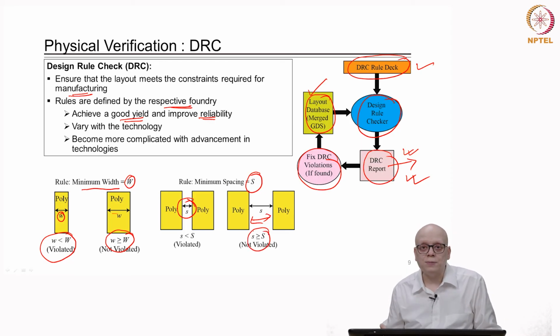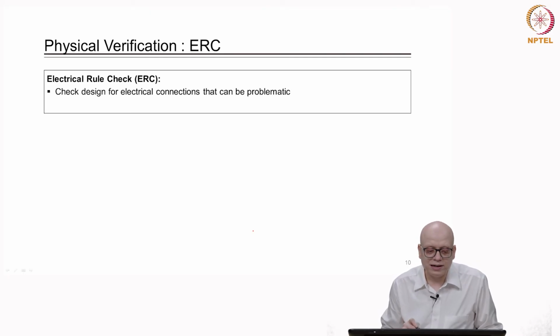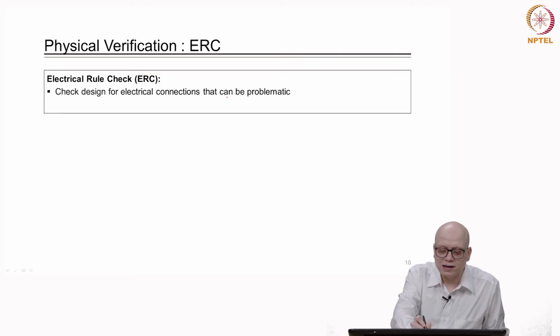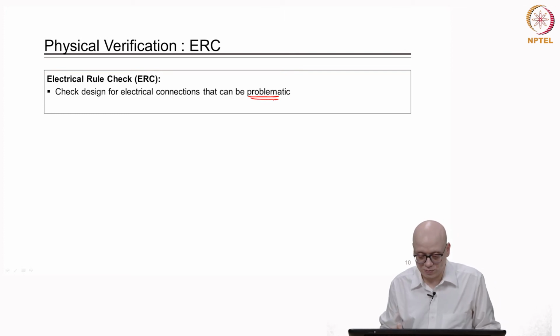Then once we have created the layout, we also need to check for ERC or electrical rule check. What does electrical rule check do? It basically checks the design for electrical connections that can be problematic. The connections which can be problematic are flagged, and then we have to fix those things.